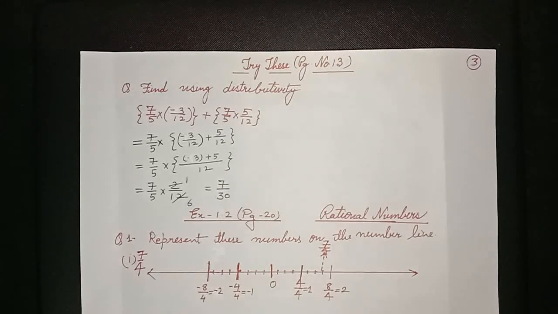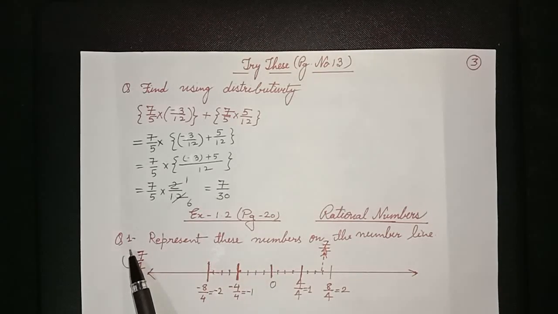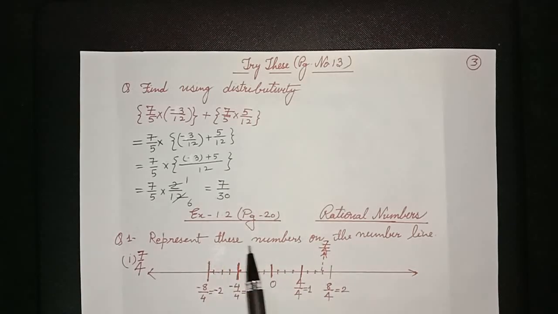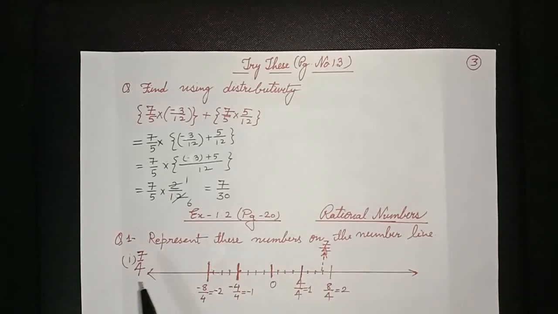Now I'll start exercise 1.2, page 20. The first question of this exercise is: represent these numbers on the number line. The first rational number which we have to show on the number line is 7 upon 4.